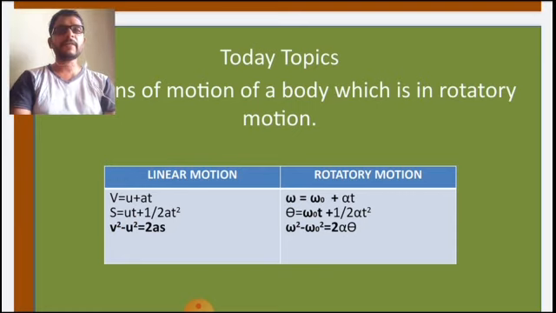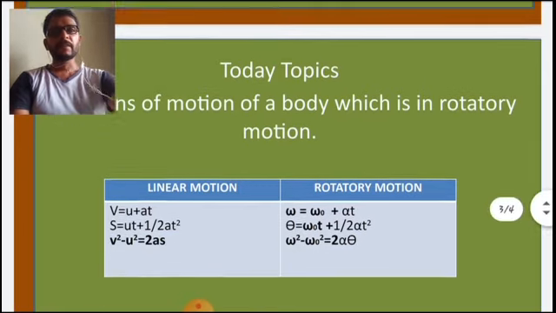So, we know all the components. Omega naught is initial angular velocity and omega is final angular velocity, where alpha is angular acceleration, and theta is the angular displacement. Okay. So, now we are going to derive these equations of motion for a rotating body.